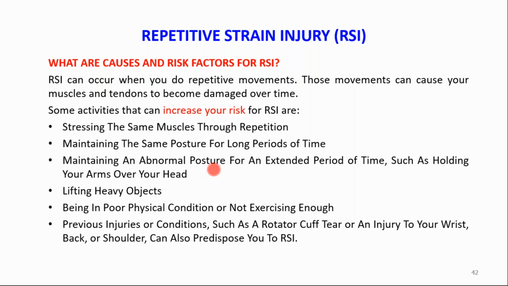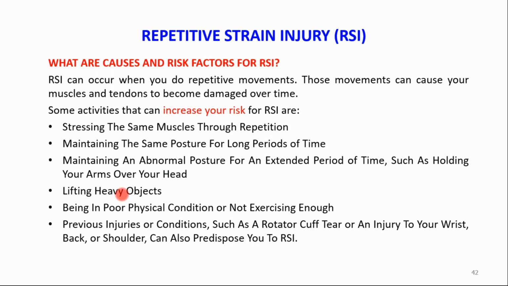Maintaining an abnormal posture for an extended period of time, such as holding your arms over your head, is one example of an abnormal posture, and that is why we need ergonomic expert guidelines for maintaining normal postures. If you are in an abnormal posture for a longer period, then you may be at higher risk.